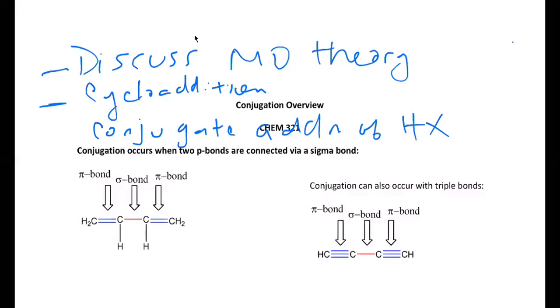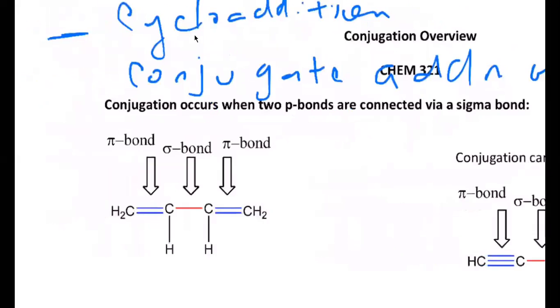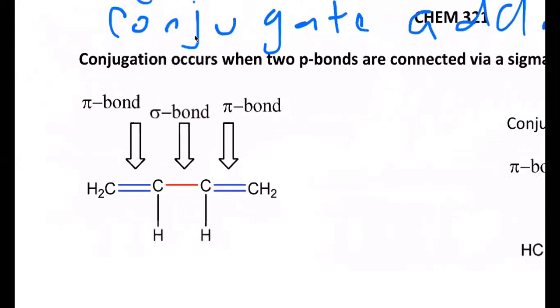So the basic definition of conjugation is when you have alternating pi and sigma bonds, right? So if you look at this example right here, you can see that you have a pi bond, and then you have a sigma bond here, and then you have another pi bond. So it's basically two pi bonds separated by one sigma bond.